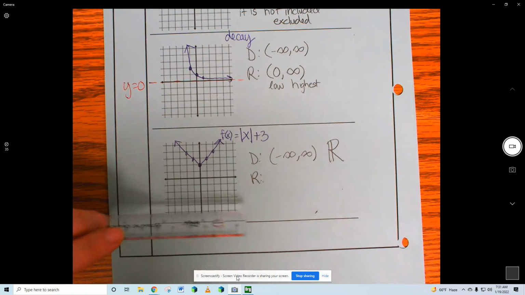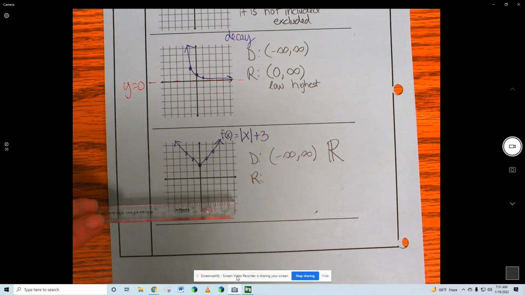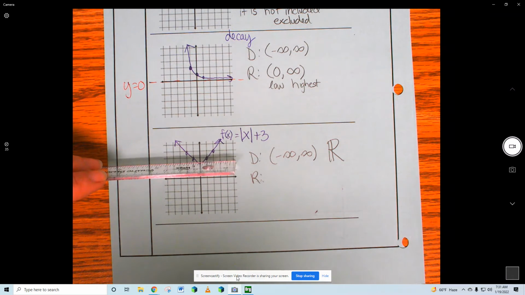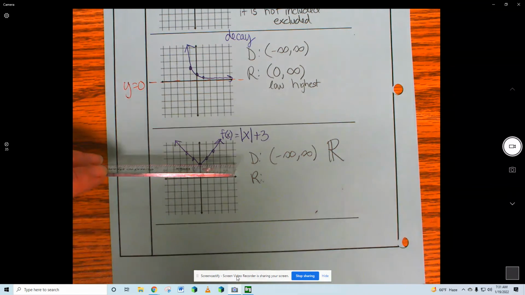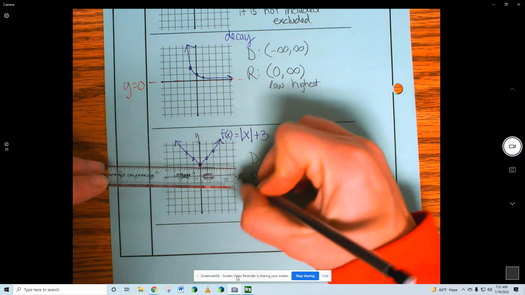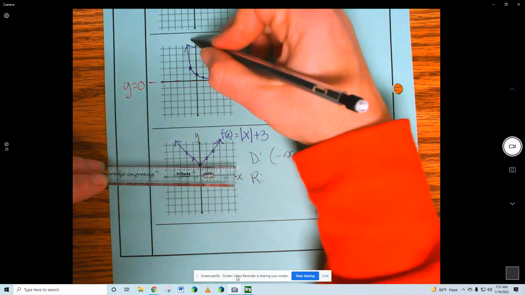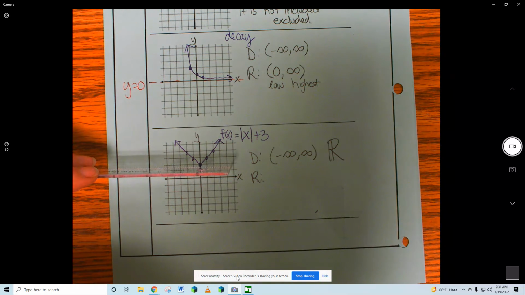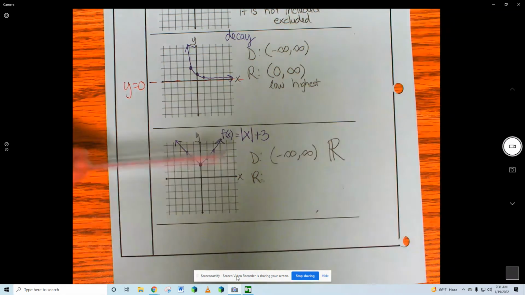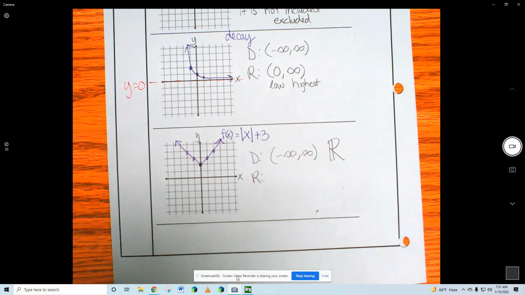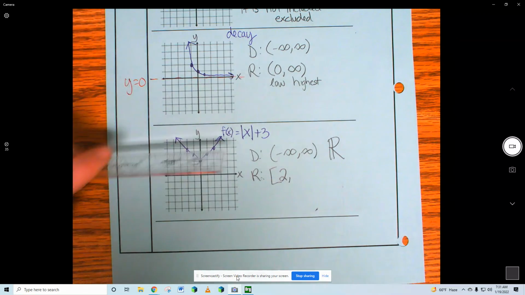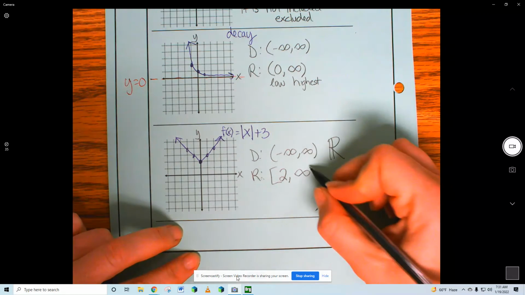Okay, low to high. Where does it start? On the y-axis, what line is that? It's awfully boring when I talk to myself. 2, thank you. It touches 2. I'm going to do bracket 2, and then it goes up to positive infinity, parentheses.